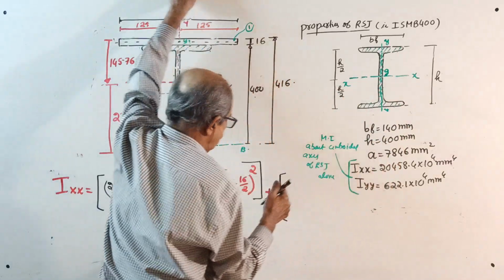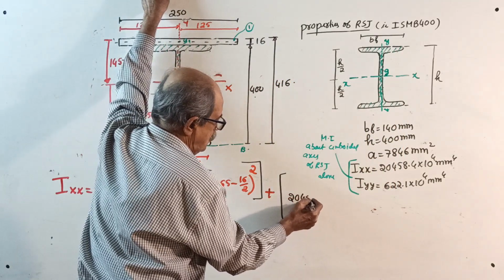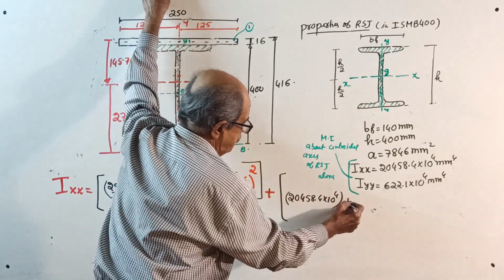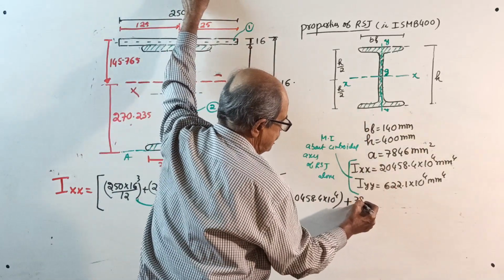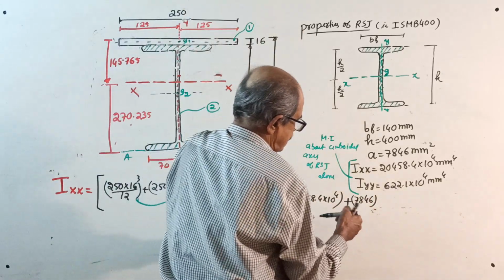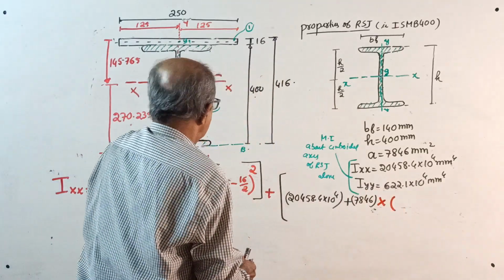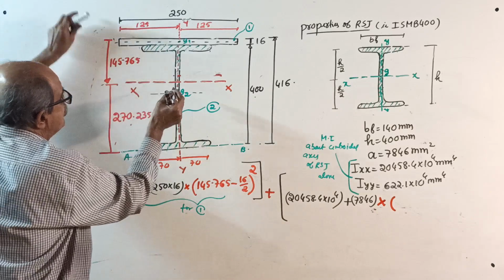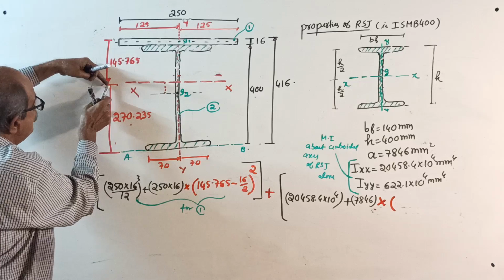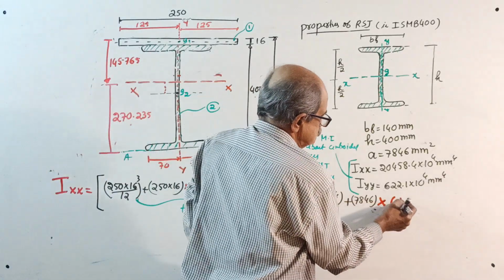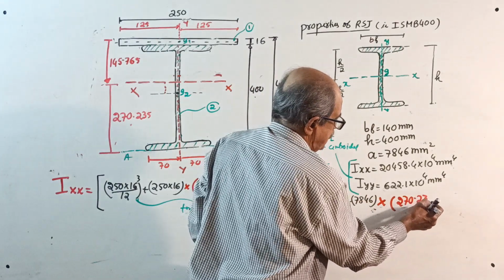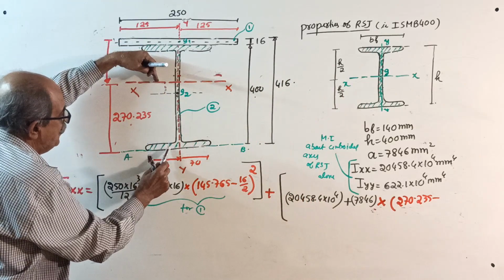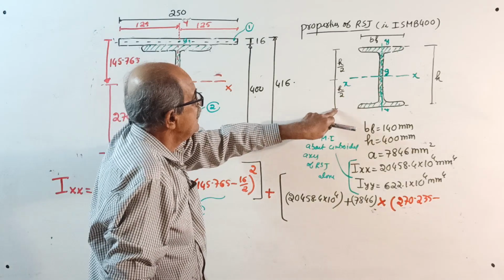How much is it? 20458.4 into 10 to the power 4 is Ig, plus area 7846 multiplied by the distance from the centroid of the I section to xx squared, that is 270.235 minus, we want this distance squared, this full distance minus from here to centroid, which is exactly h by 2.